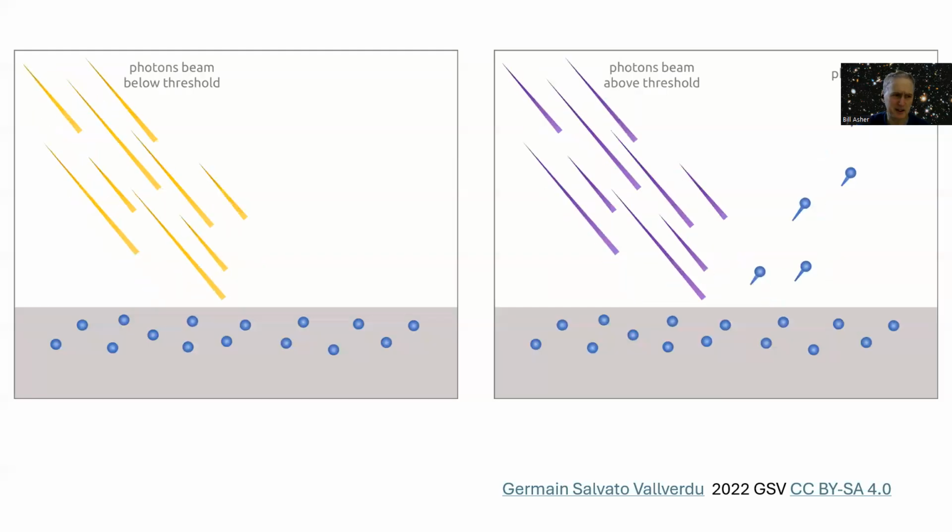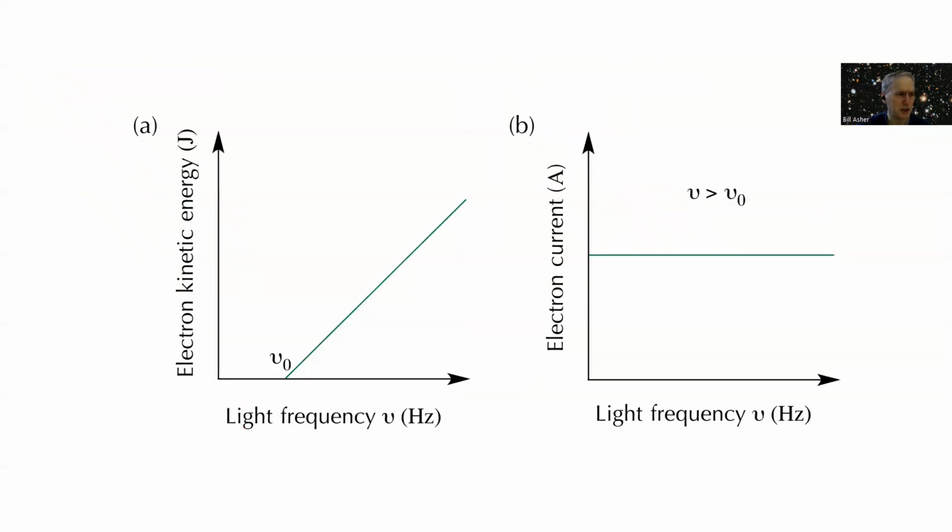So if you look at this in terms of a plot of light frequency versus electron kinetic energy, the electron kinetic energy is zero, meaning there are no electrons until you get to this threshold. And then the kinetic energy increases linearly with the frequency of light. And so it was apparent that light was carrying energy as a function of wavelength, which wasn't really understood.